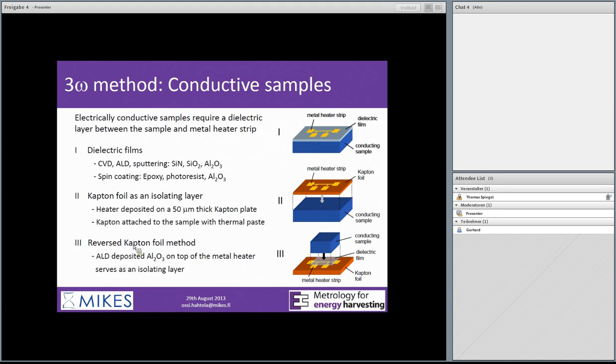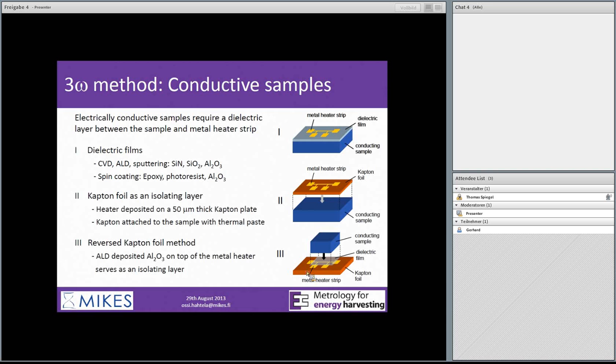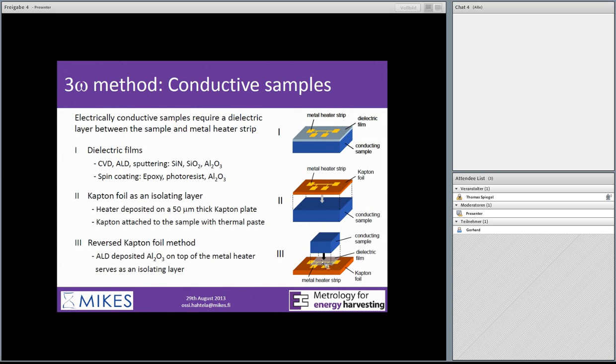Another approach that we used is that we again use Kapton foil as a substrate for the metal heater strip, but now we add another dielectric layer on top of the gold heater strip and put the measured sample on top of that dielectric layer.